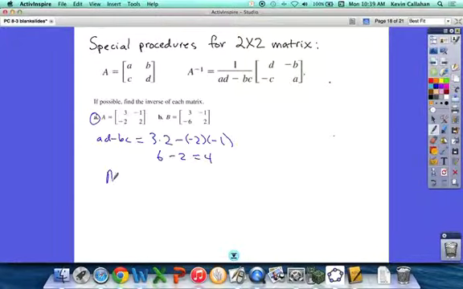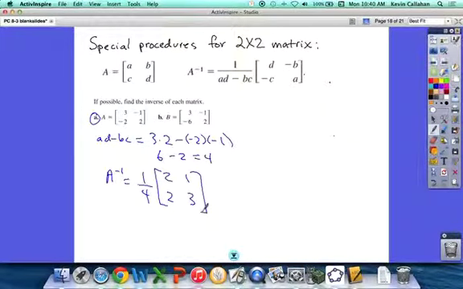So the inverse, A to the minus 1, is 1 divided by 4 times, and now we just take this matrix, remember, switch the A and the D, 2 and 3, and then make these two the opposite of what they are. Right now it's negative 1 and negative 2, so make it positive 1 and positive 2.